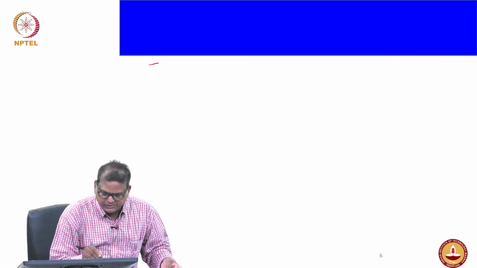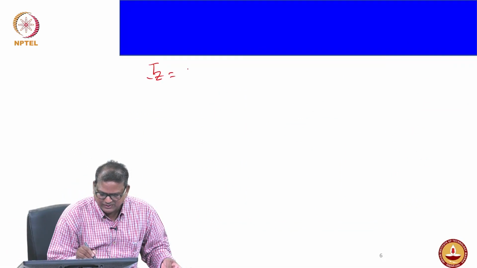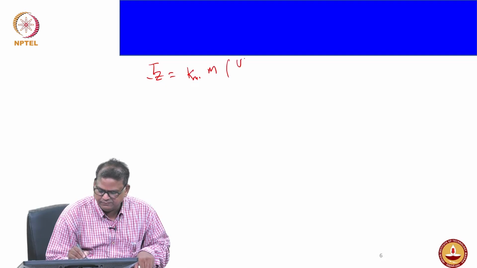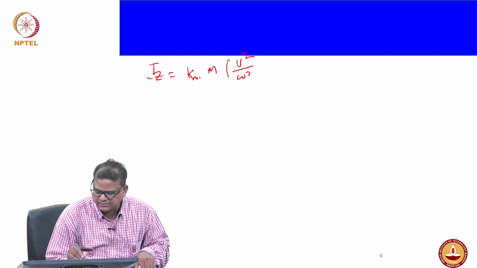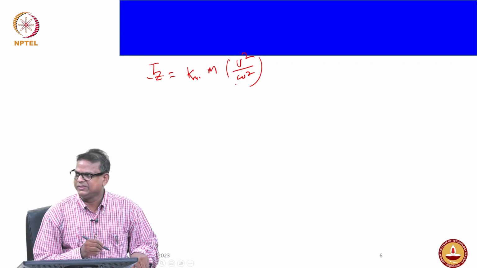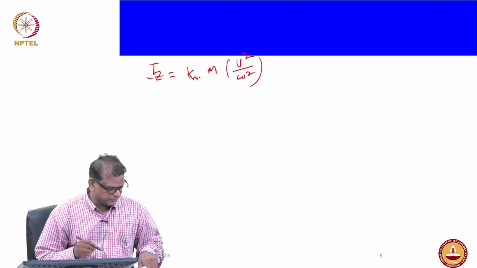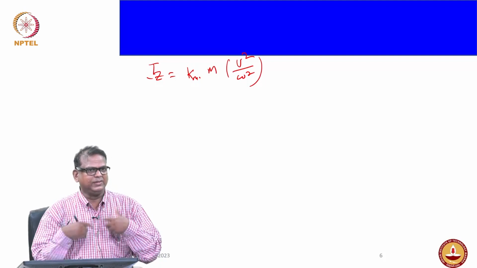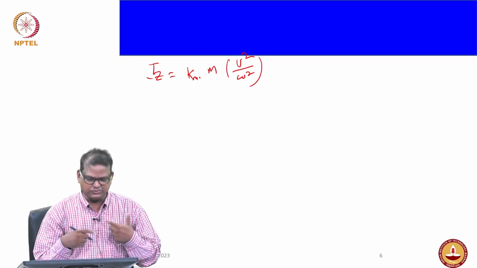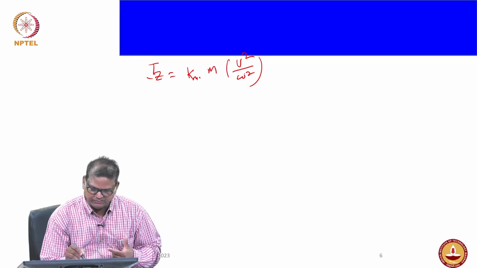Remember the moment of inertia, Iz equals Km m V square by omega square. This is the equation we are going to use, for the moment of inertia, because they are rotating components. To convert that, we used V square by omega square.